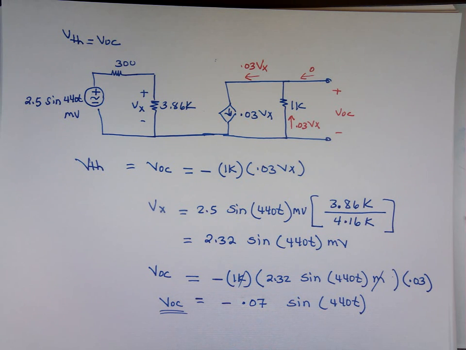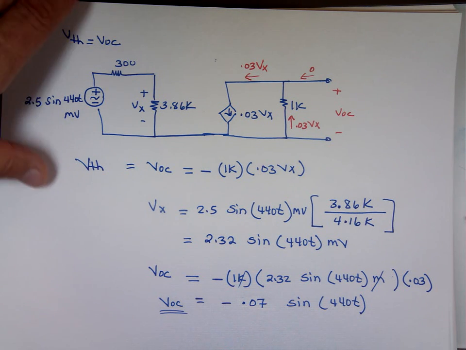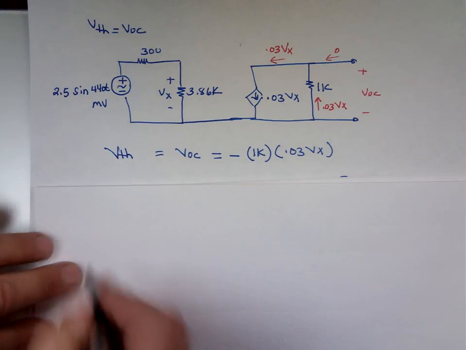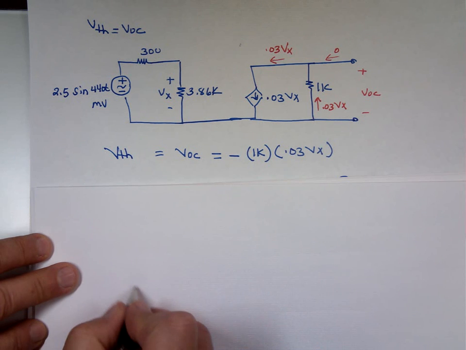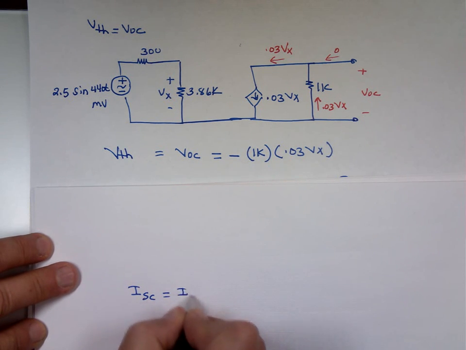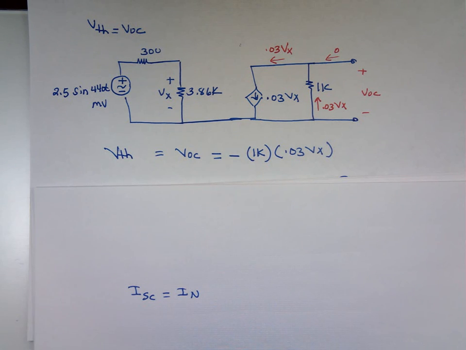Now let me find I short circuit. That's the next one. I'm leaving a space so I can draw the picture there, but I short circuit is actually I Norton. So here's my circuit again.